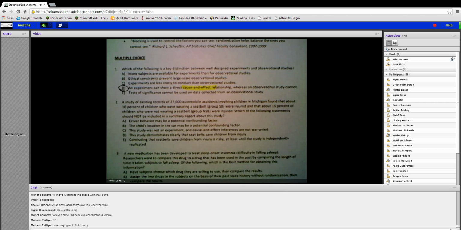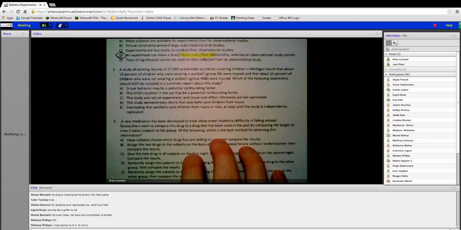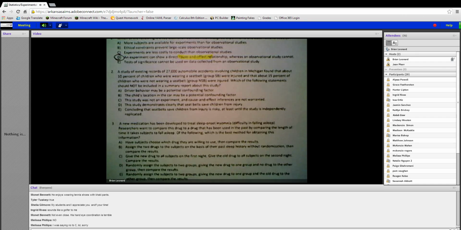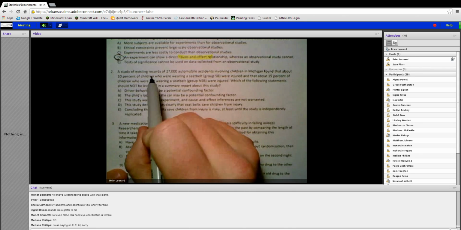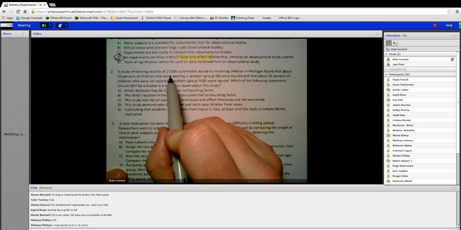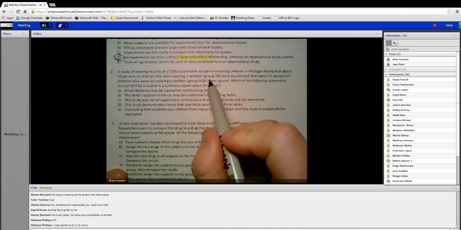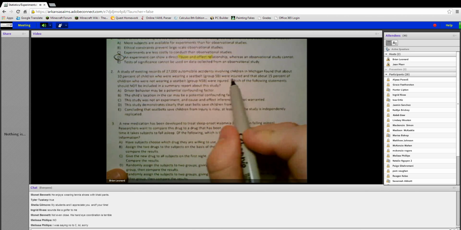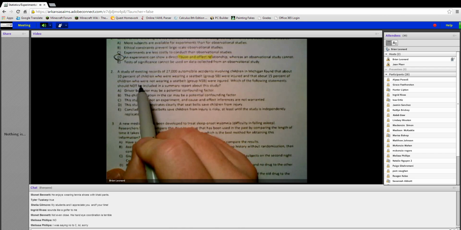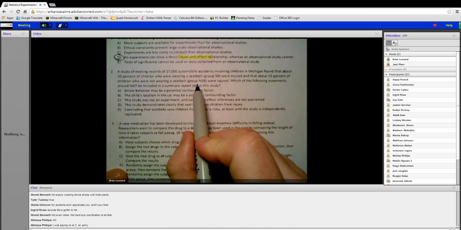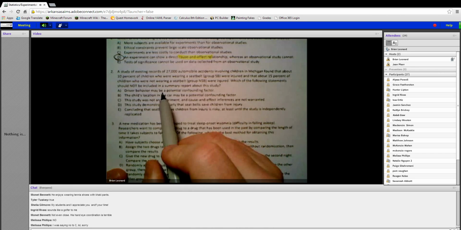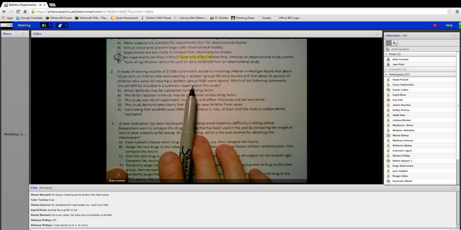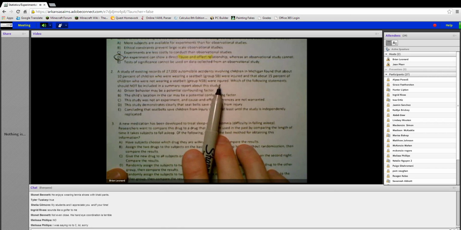Let's go to number 2 real quick. We can look at that one. It says, a study of existing records of 27,000 automobile accidents involving children in Michigan found that about 10% of children who were wearing a seatbelt were injured, and that about 15% of children who were not wearing a seatbelt were injured.